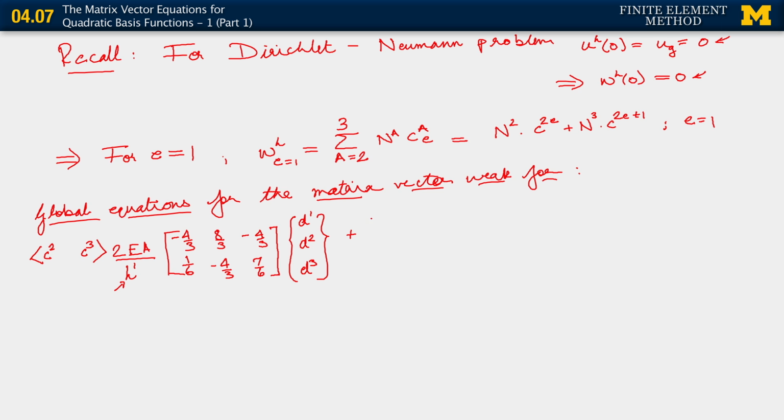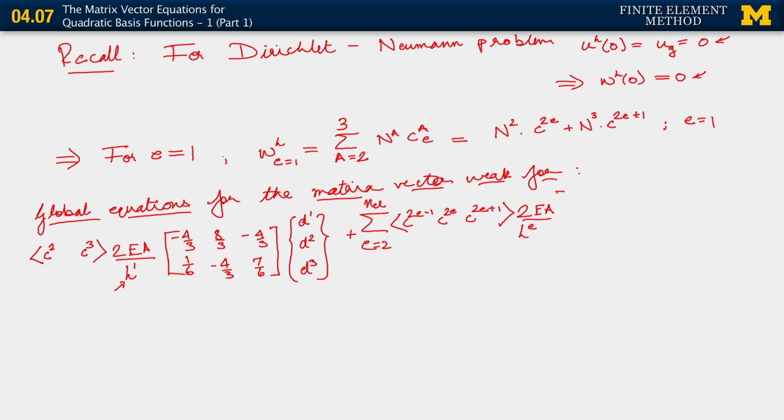This plus now the sum E equals 2 to number of elements. Here things look the same as for a general element: C2E minus 1, C2E, C2E plus 1, 2E A over hE.